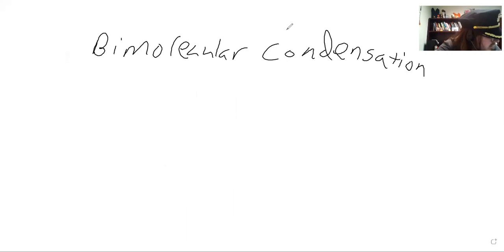How does this work? Step one, we add the acid. We make a good leaving group. Step two, alcohol attacks. Step three, we're going to remove the extra proton to regenerate the catalyst.